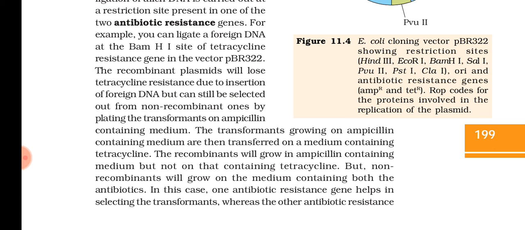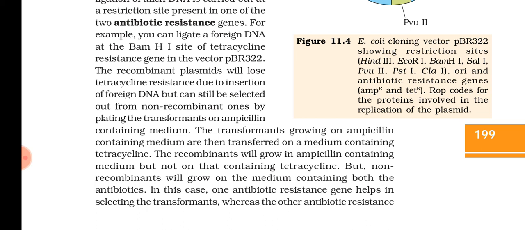The recombinants can be selected from the non-recombinants by plating the transformants on ampicillin containing medium. Understood? Ampicillin resistance is still there, isn't it? What is lost by that particular genome is tetracycline resistance. So the transformants growing on ampicillin containing medium will be transferred to a medium containing tetracycline. The recombinants will grow in ampicillin containing medium but not in tetracycline containing medium.